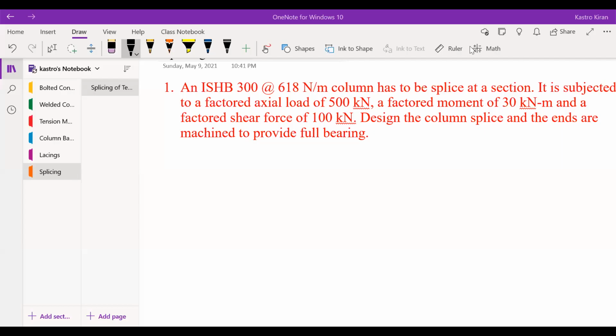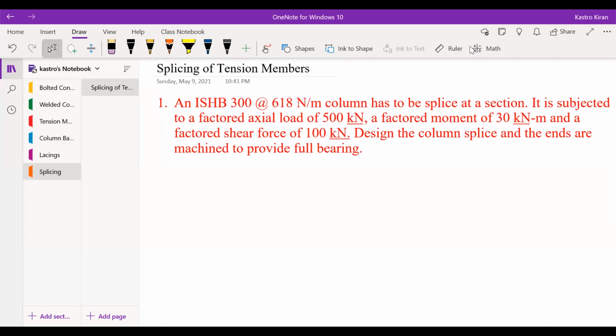So here you can see the problem which is based on splicing of compression members. Here it is not tension, it is compression. So the heading you can keep as splicing of compression members.